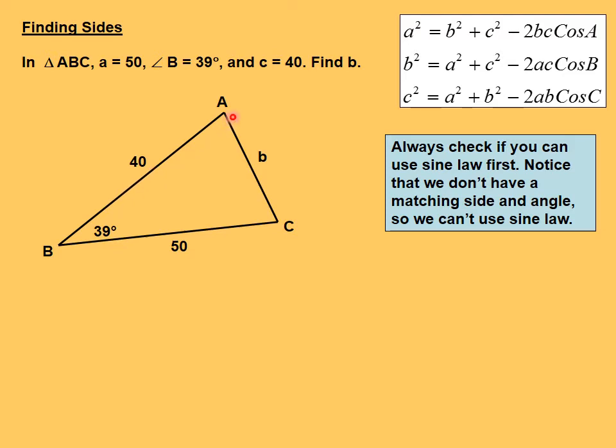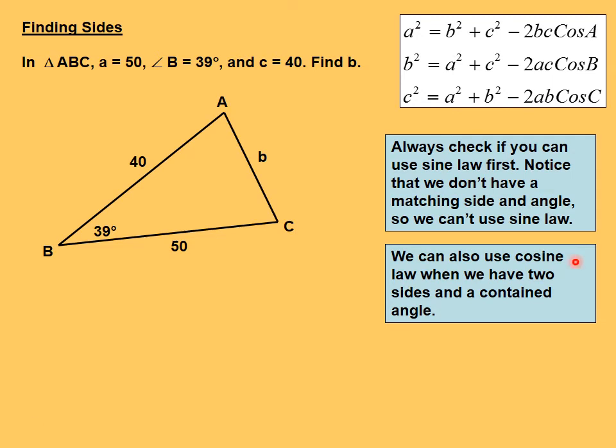So let's check if we have any matching pairs. Do we have angle A and side A given? No. Do we have angle B and side B given in numbers? No. Do we have angle C and side C given in numbers? No. Okay, so we can't use sine law, so we've ruled that out. Just always check for that.